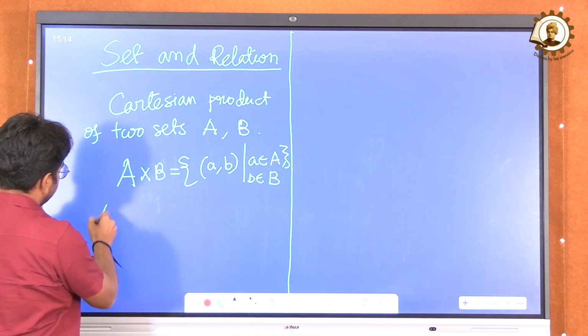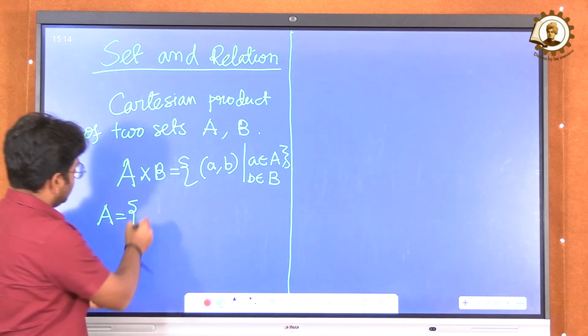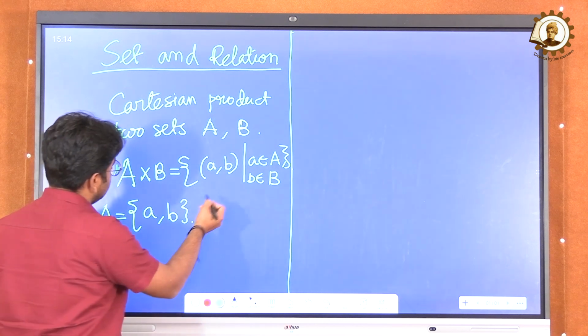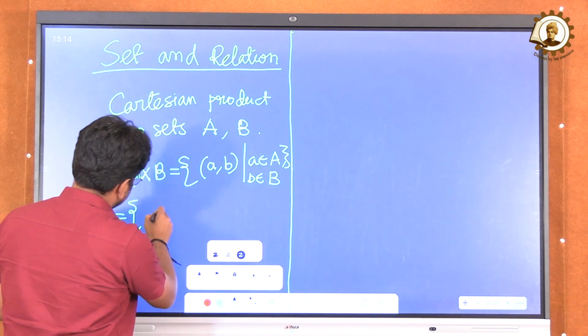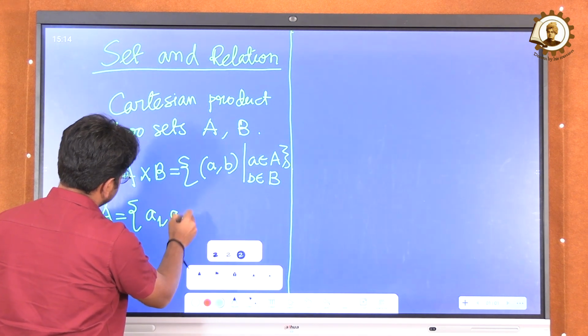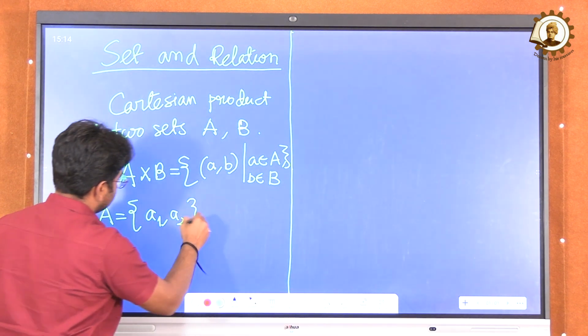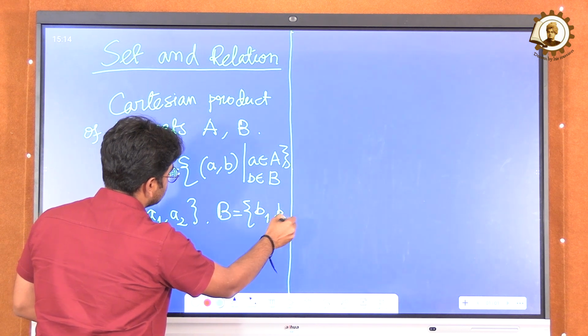One example would be if my set A consists of two elements, say A1 and A2, and B consists of B1 and B2.